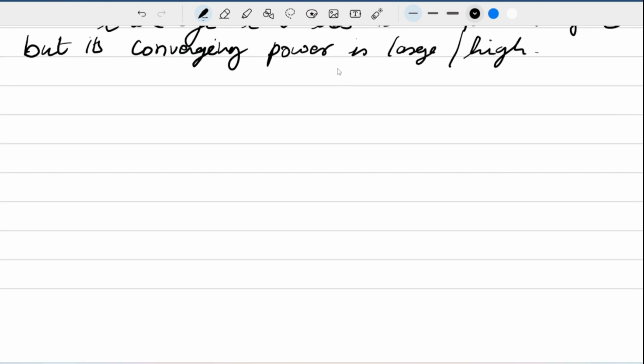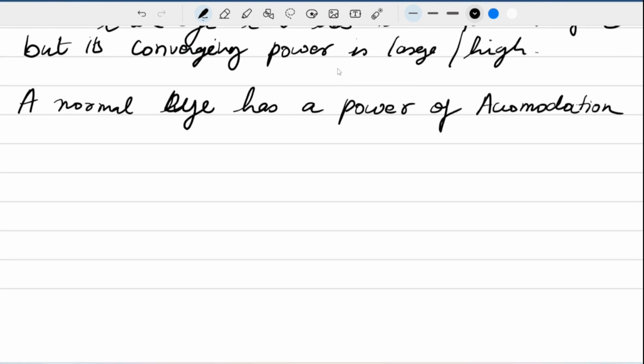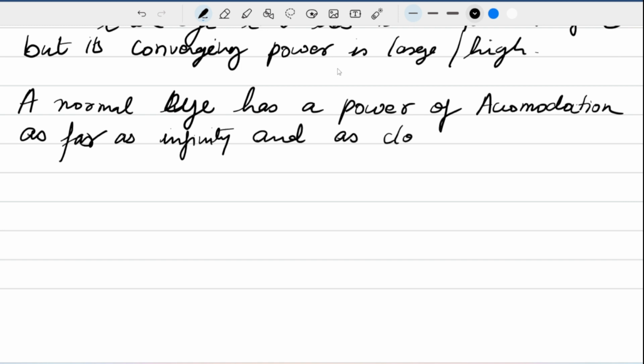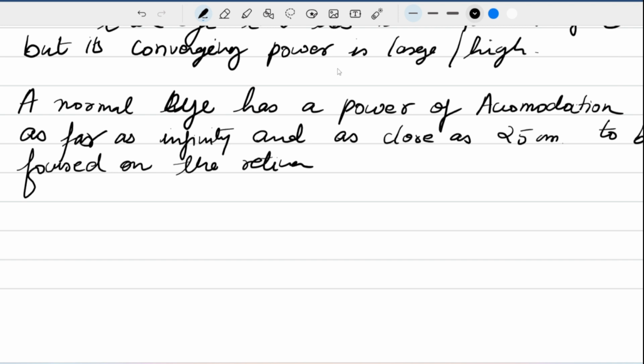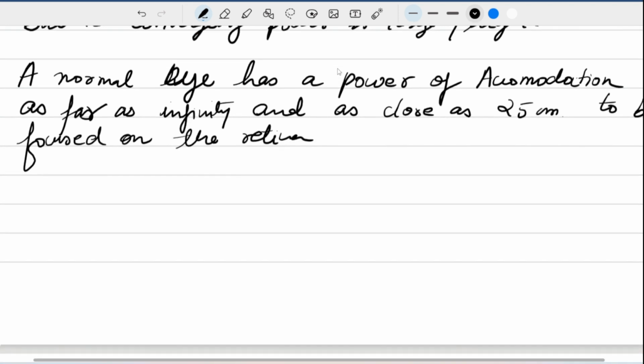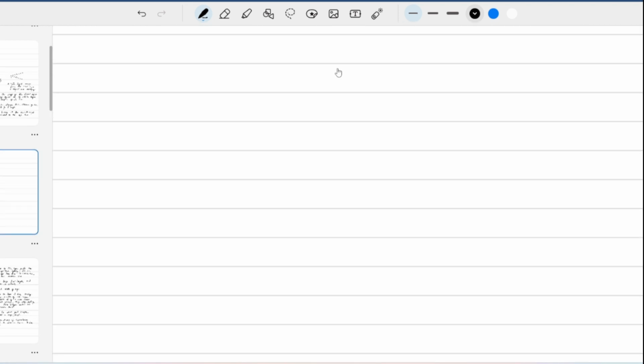Now about the far point and near point. A normal eye has a power of accommodation which enables object as far as infinity and as close as 25 centimeter to be focused on the retina. Okay, now write down the other heading, that is range of vision of a normal human eye.